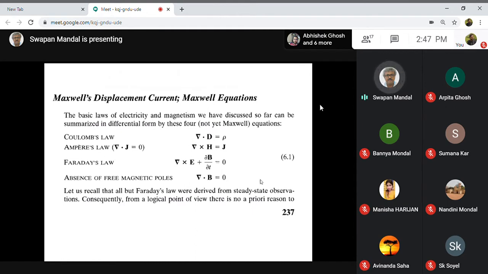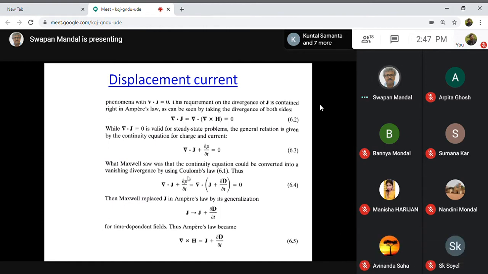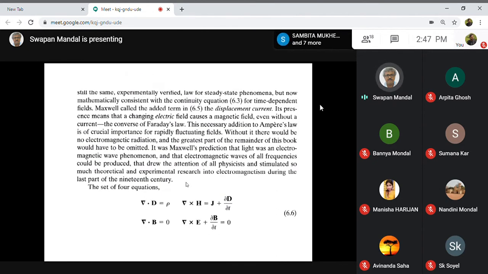This is Coulomb's law, or Gauss's law, whatever you want to say. Therefore, divergence of J plus del del t of divergence of D. Instead of rho, you just put divergence of D here.